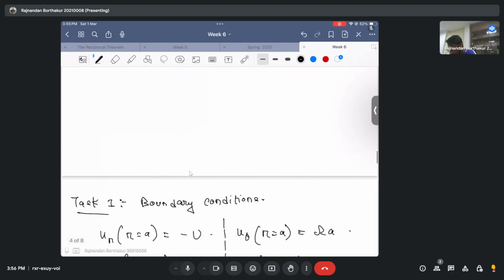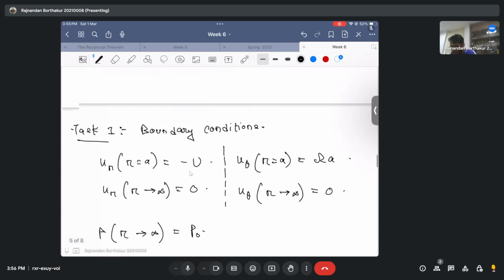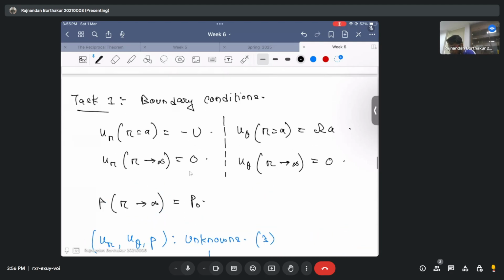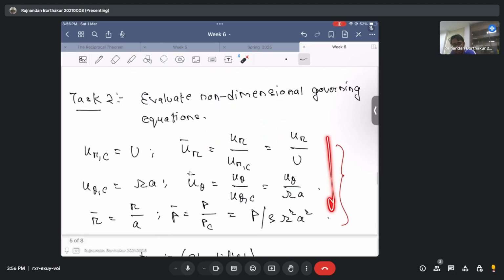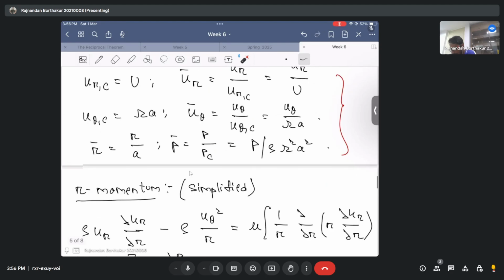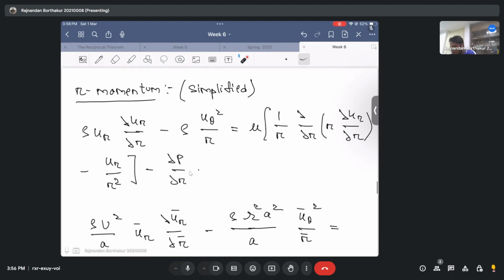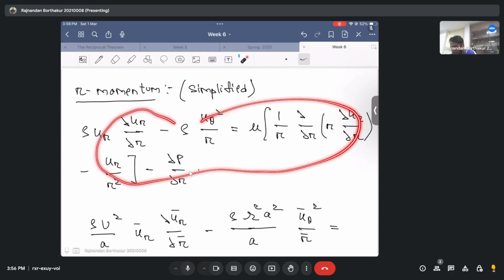We started by understanding the problem first and writing the boundary conditions, in terms of the dimensional variables, of course; we can also write this non-dimensionally. Then we used the characteristic scales defined in our problem to define our non-dimensional variables, and used these to non-dimensionalize the dimensional equations, for instance the R momentum equation.